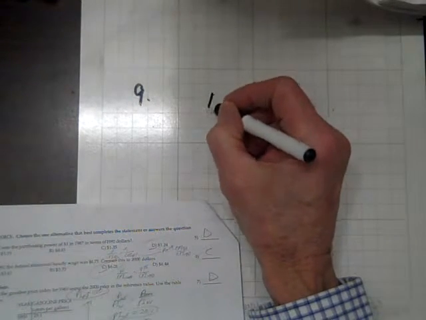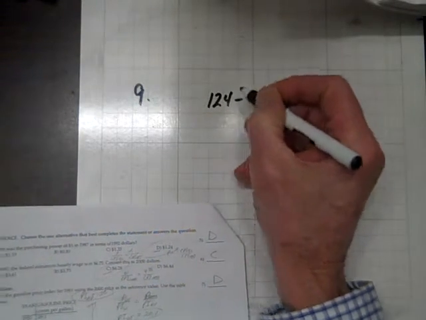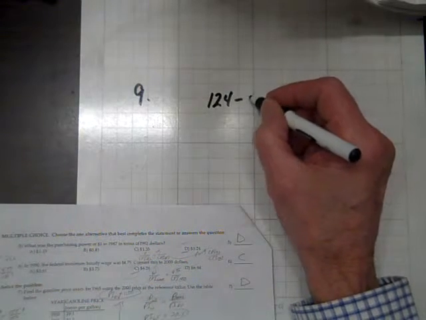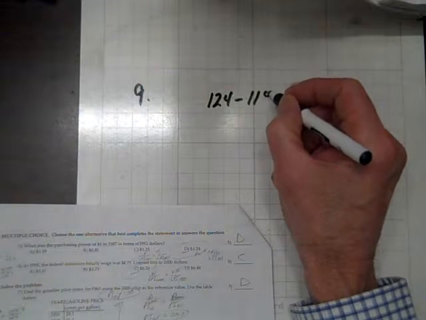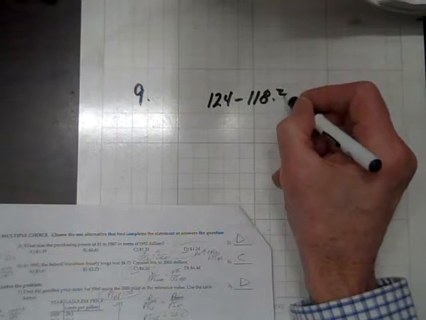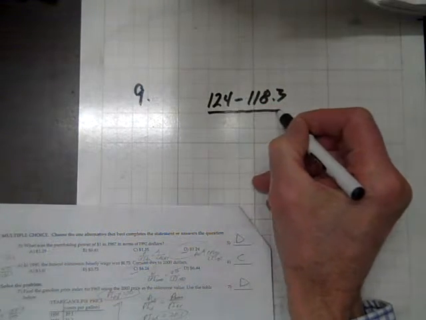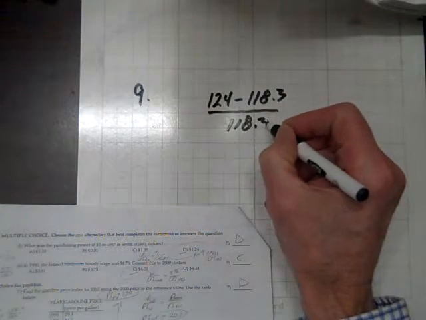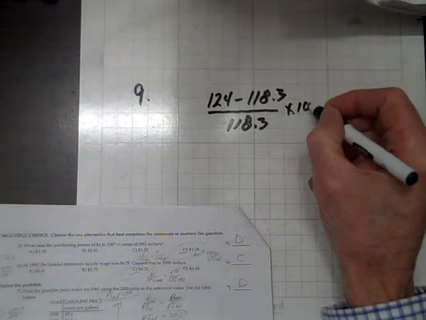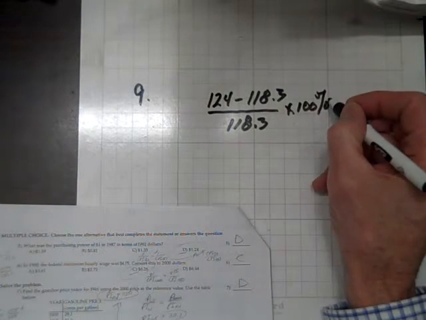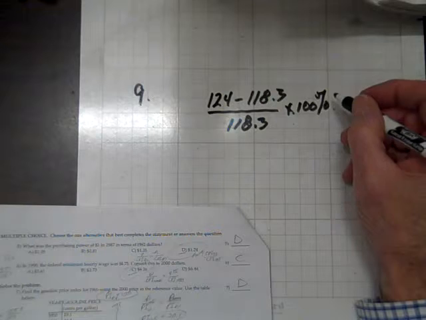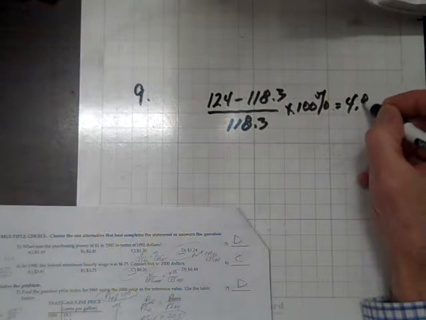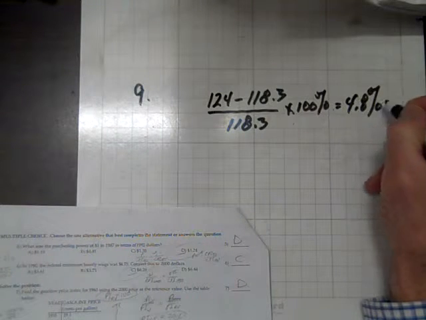So 124, and the price index for 1988 is 118.3. So new value minus the old value divided by the old value times 100%, and that quotient equals 4.8%.